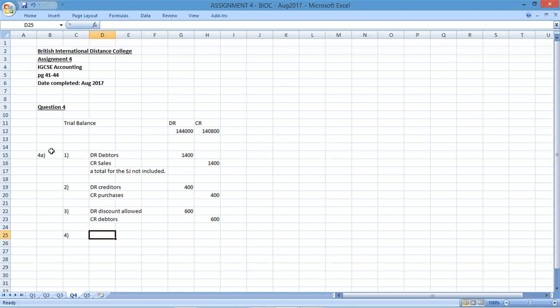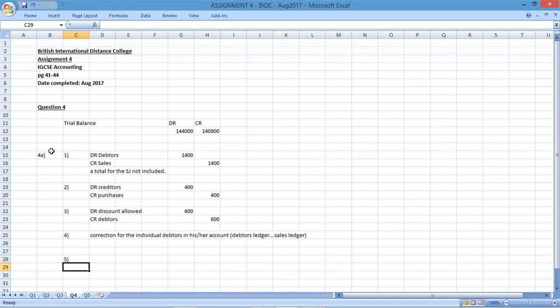So this just would have been a correction for the individual debtor in his or her account in the debtor's ledger, or in this case they called it the sales ledger. So we wouldn't have to correct the actual trial balance because this would have been specific to the ledger. As long as the cash books were correct, which they said we did record, they would have been fine.